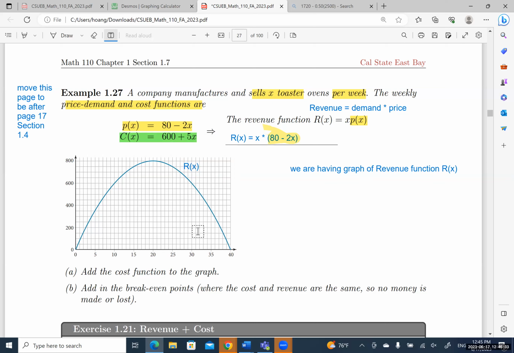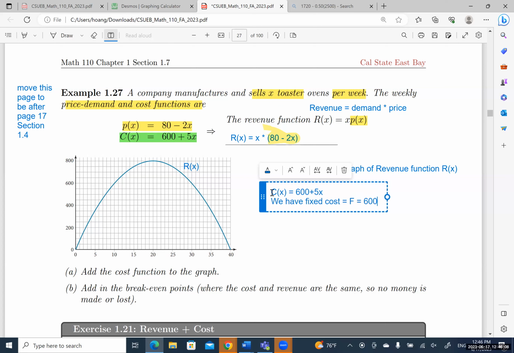We need to draw the graph of the cost function. How can I do that? According to the cost function there, we have C of x equal to 600 plus 5x. We have the fixed cost right away, which is 600.